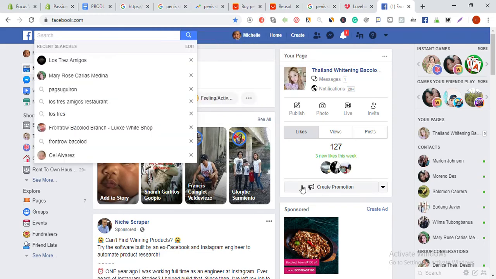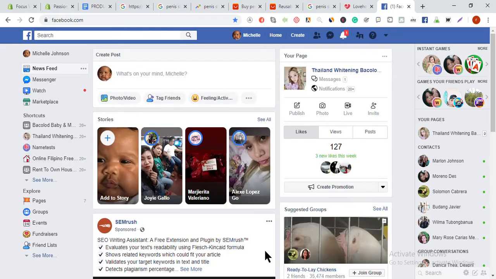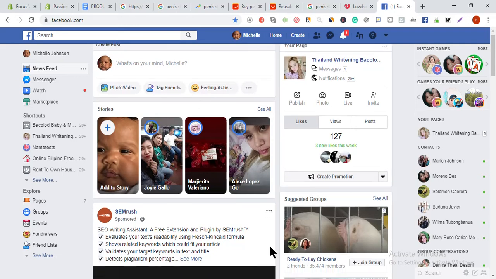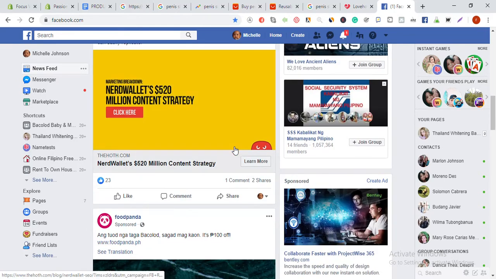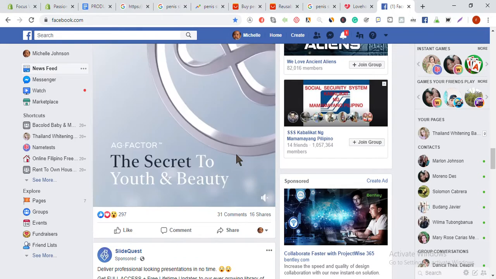So paid ads only. Okay. So let's just hit home, and then you should be able to see paid ads only.